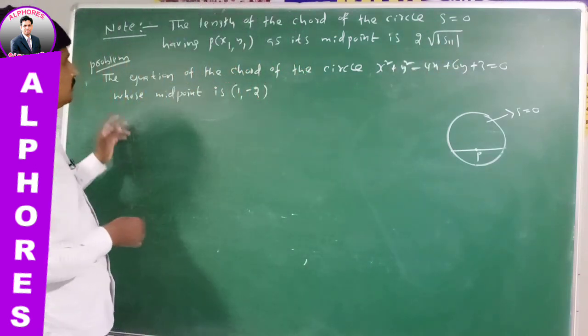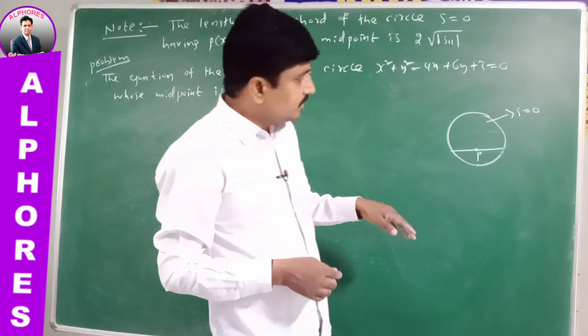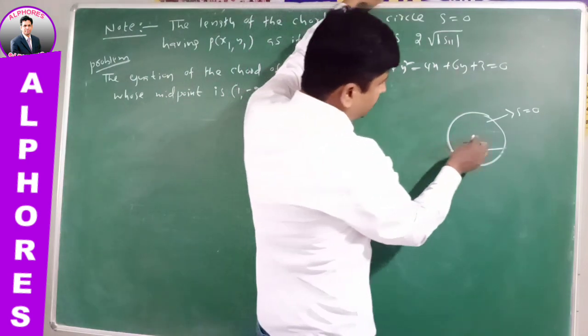Okay, and also, the circle equation is given and the chord equation is also given. How to find the midpoint of the chord?